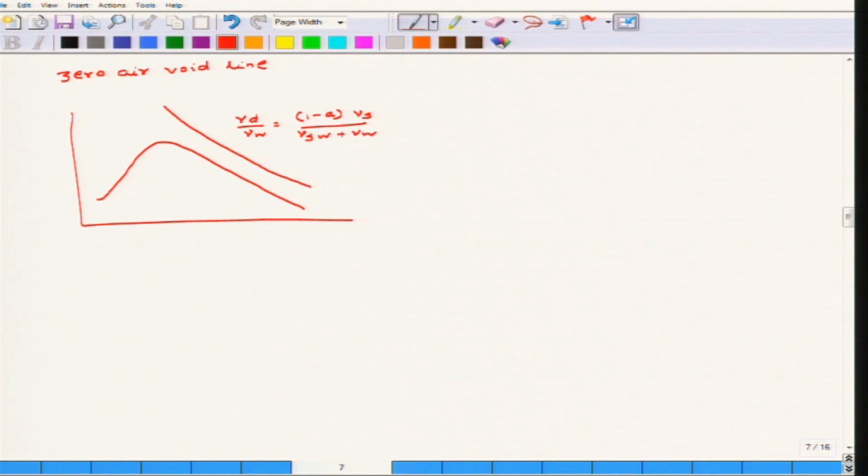So, let us look at our next problem. Here also there are some results from a standard compaction test. It is given in terms of mass of compacted soil and the water content or moisture content.